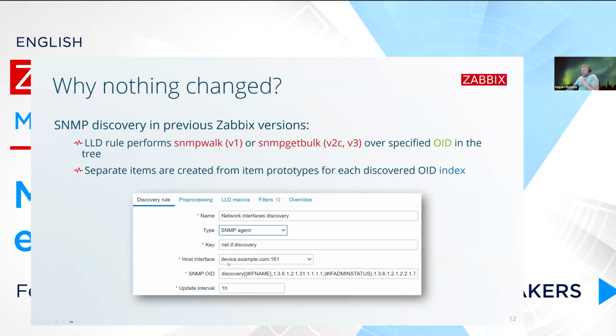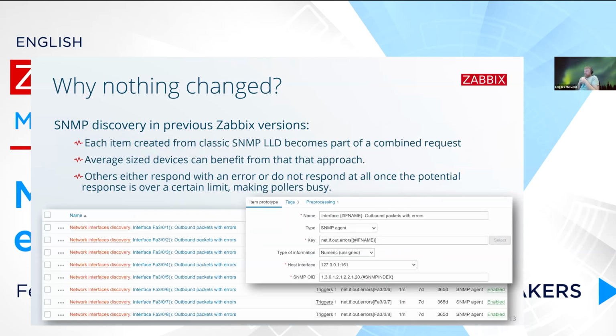There is a discovery rule, and it's doing SNMP walks on all of these OIDs, getting the values, deciding what's there, creating items and triggers out of it. This still works the same way. You don't need to worry that we'll make you use some new feature if you just upgrade. No, the old approach is still working.